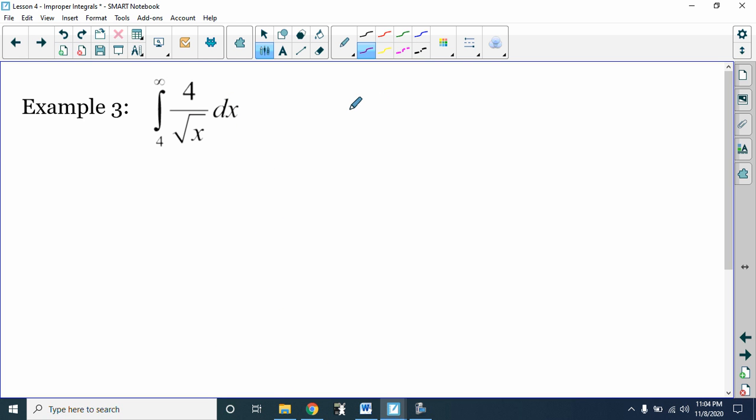Integral from 4 to infinity of 4 over root x dx. Integrate, add 1 to the exponent, divide by that.